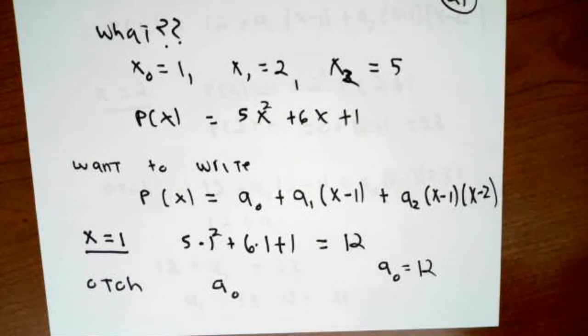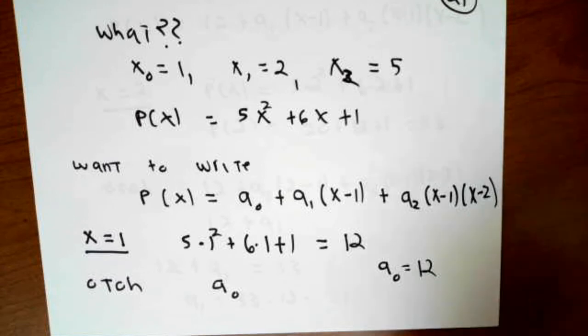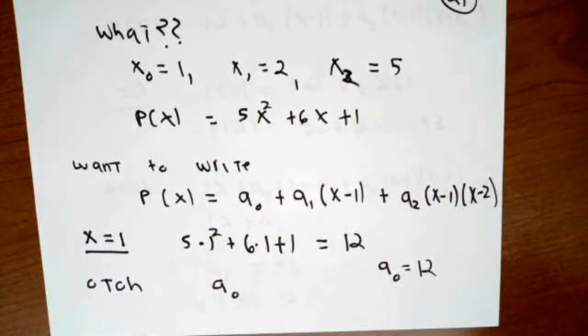If it turns out that I can make another polynomial that produces the same values for my function at 1, 2, and 5, then the two polynomials will have to be the same because of the uniqueness of the interpolating polynomial.